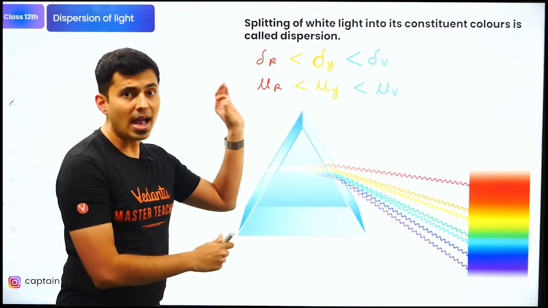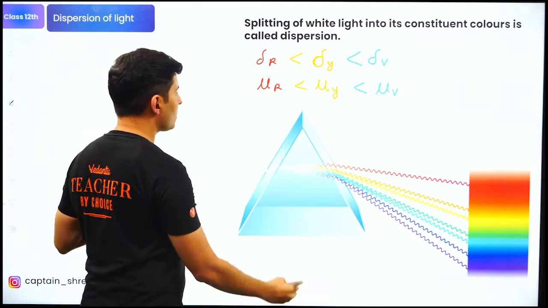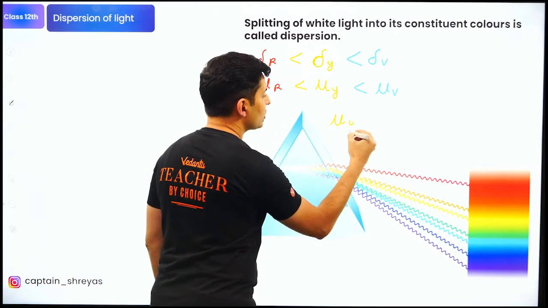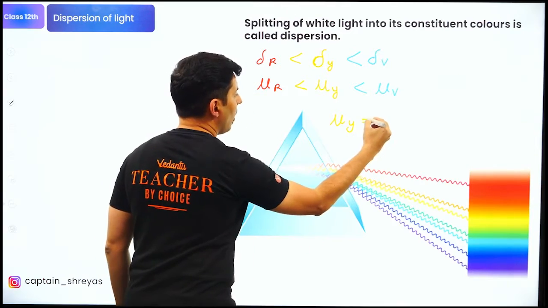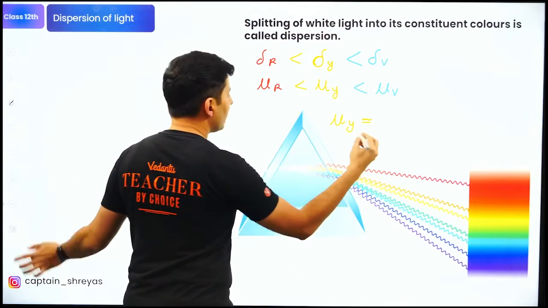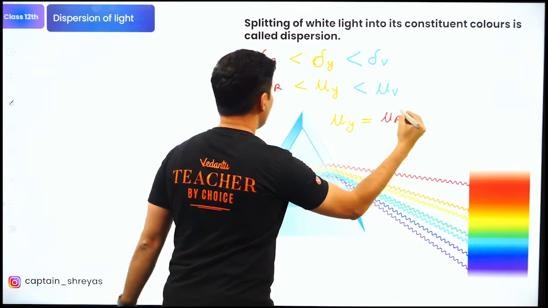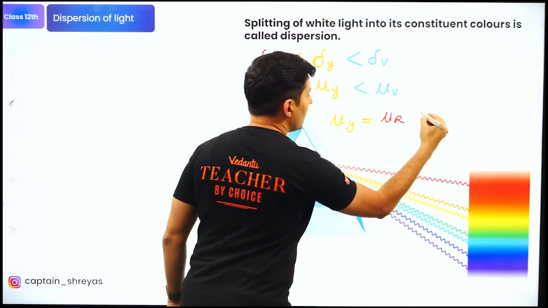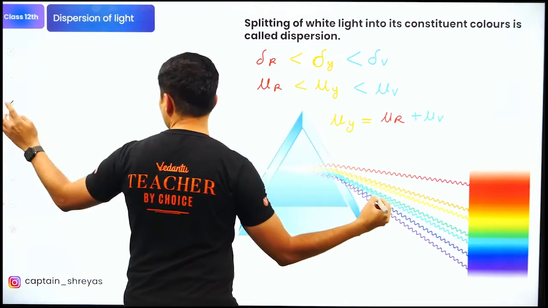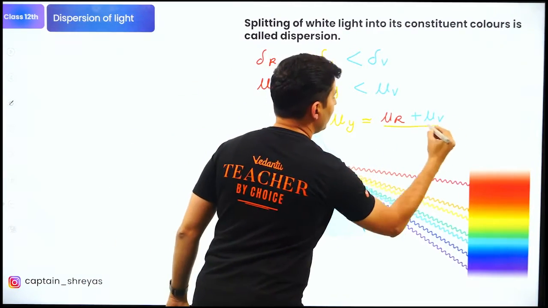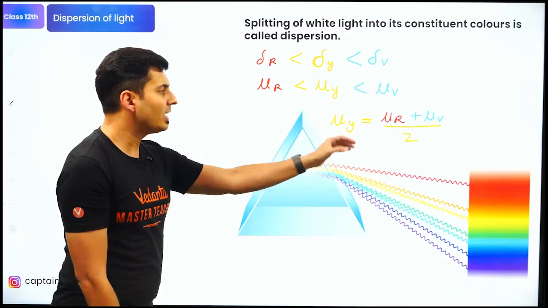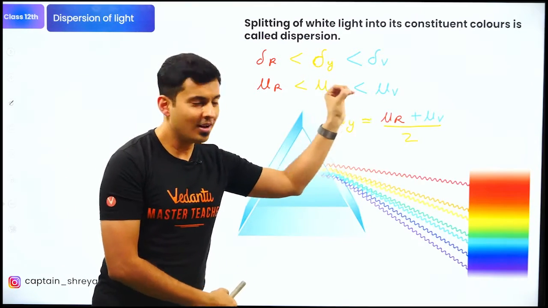Because yellow is the average color, one can also say that the refractive index of yellow is approximately equal to the refractive index of red plus the refractive index of violet, the entire thing divided by 2. So it's the mean color that is truly the average.